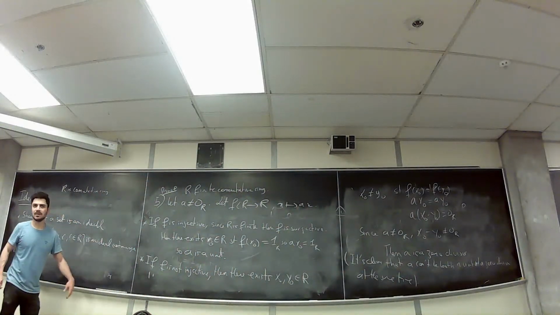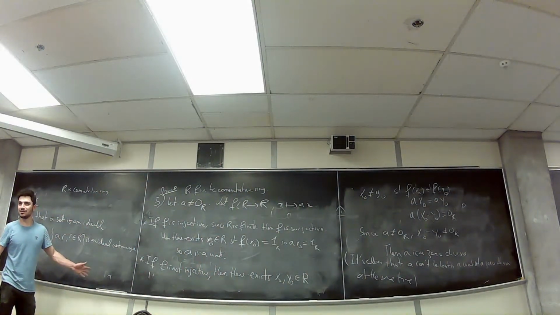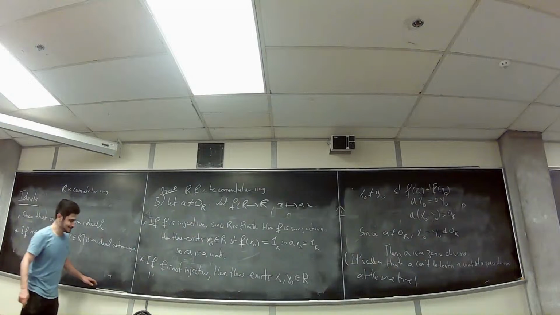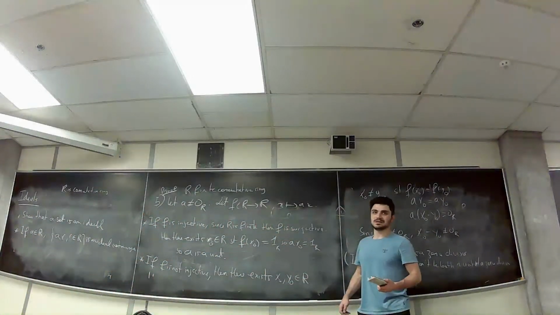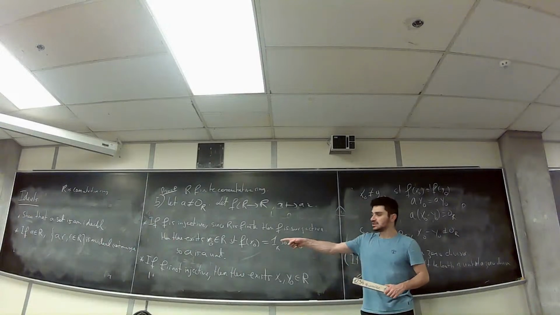Did I give it a name? I just call it the ideal generated by a. I didn't give it a name. Well, I'll give it a name later, tomorrow. I'll call it the principal ideal generated by a. We've seen this before, though.